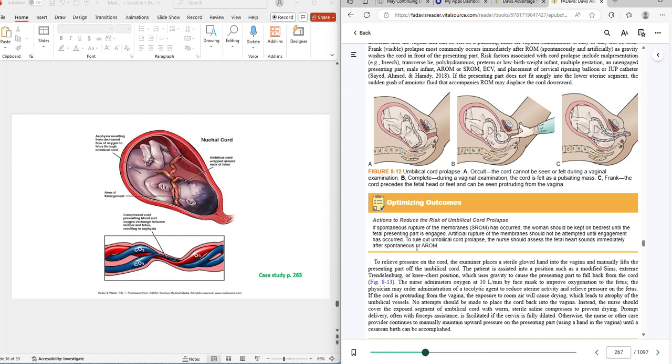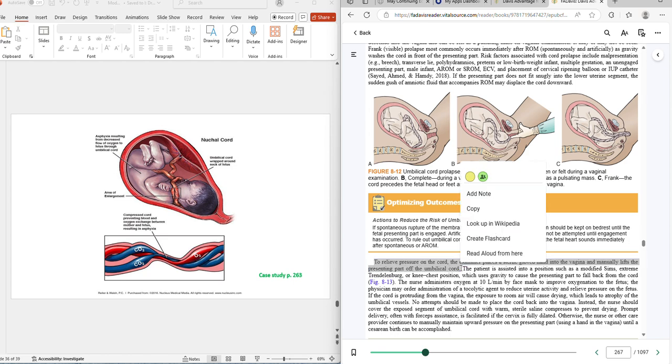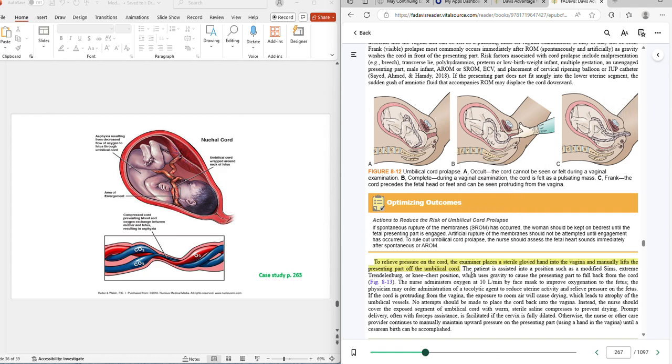So, to relieve cord pressure, the examiner with a sterile glove lifts the presenting part off of the cord, okay? You leave your hand in place. So I called for help, left my hand in place. We wheeled back for a stat C-section.